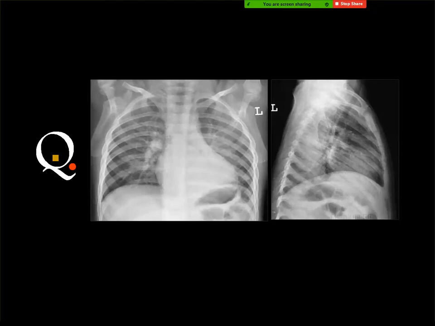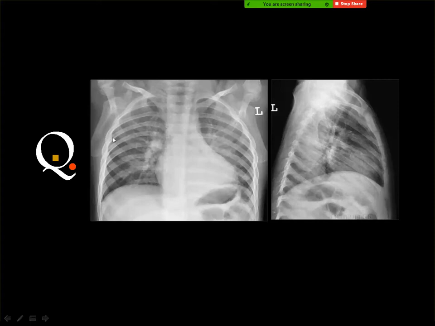Maybe in the lateral view. Maybe TB or metastasis. Yeah, there is some miliary shadow. No, according to the history. If you feel that there are miliary shadows, then you can elicit these miliary shadows here.